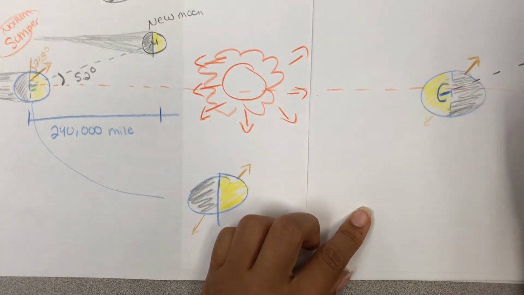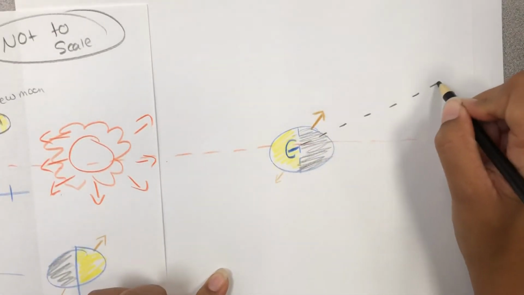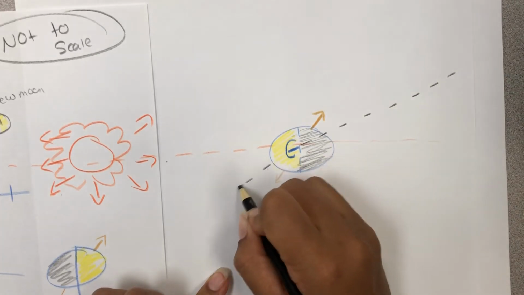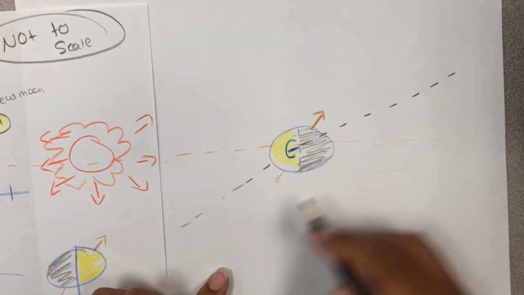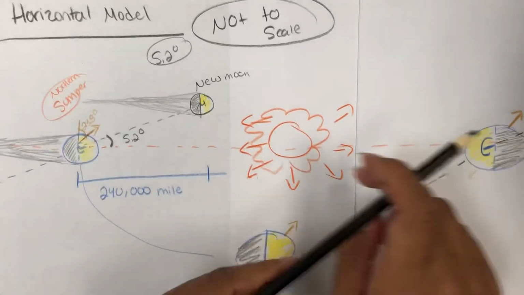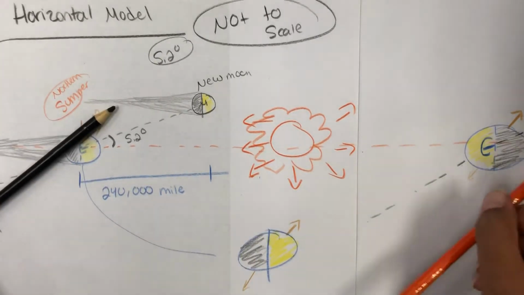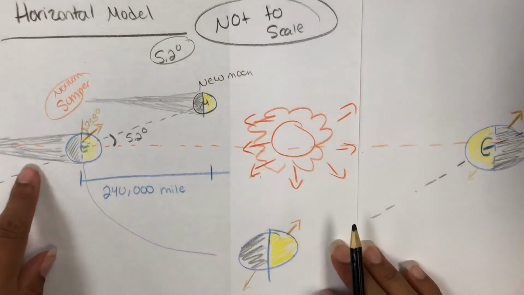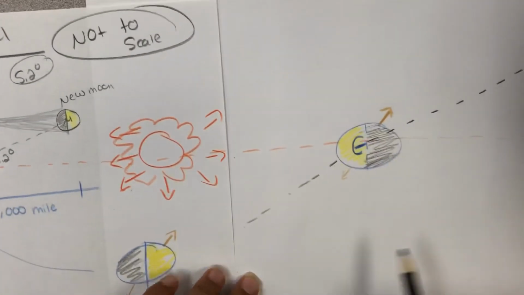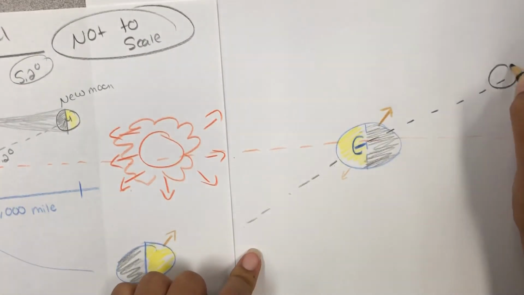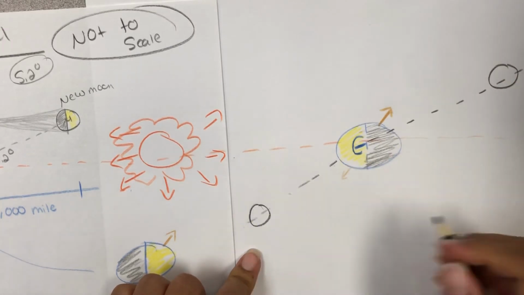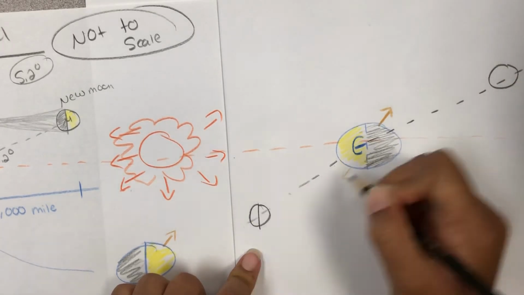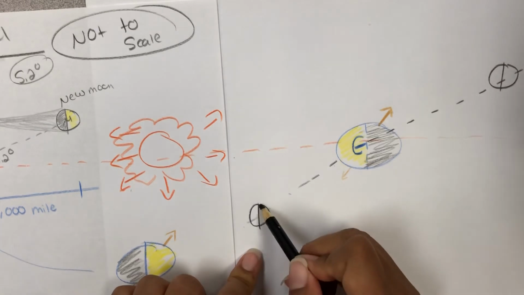The same holds true for the moon. The angle at which the moon appears to orbit Earth also does not change. It's still in the same direction. So even though the Earth has moved around, here is our moon, and here is our moon. Remember, we've got to stay consistent with what side is shaded.